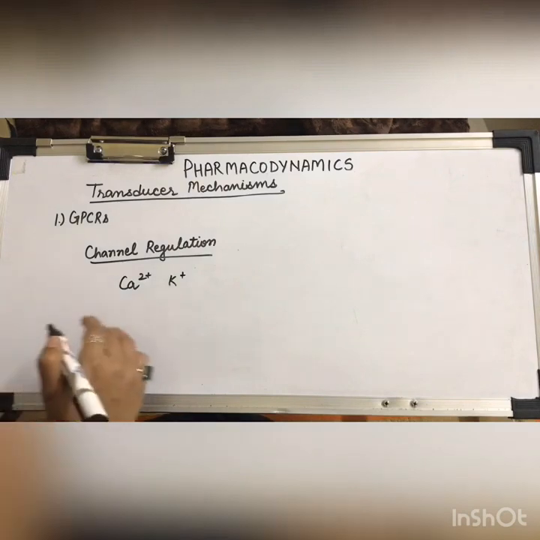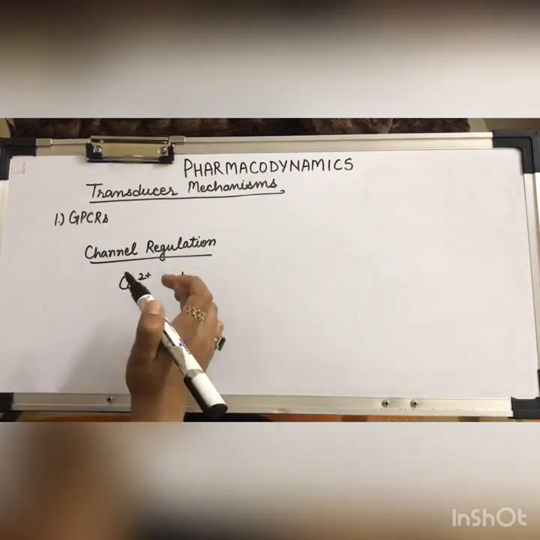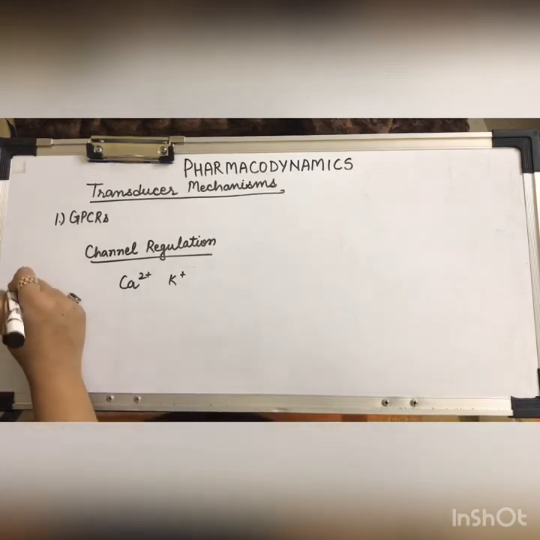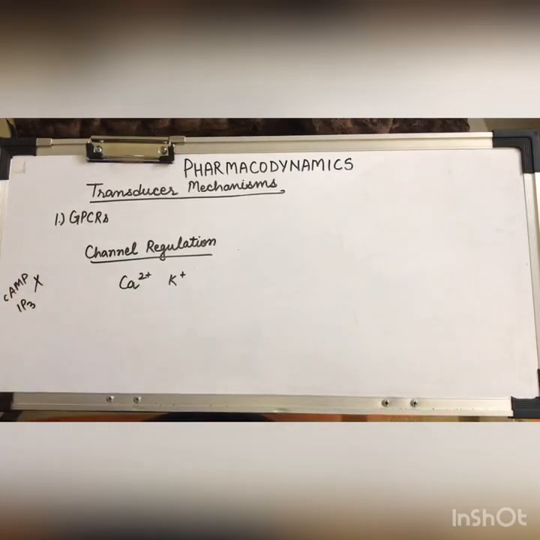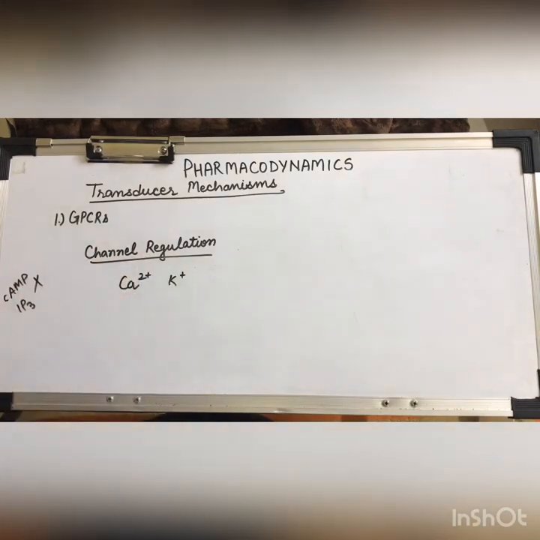They can either open or inhibit these channels without the use of second messengers like cyclic AMP or IP3. They do not use these second messengers. They directly act on these ionic channels.